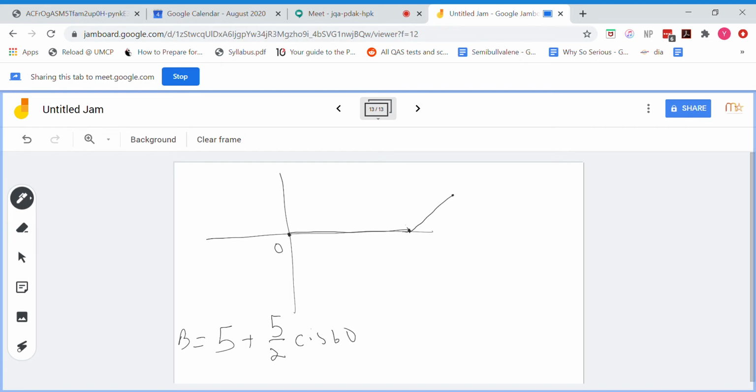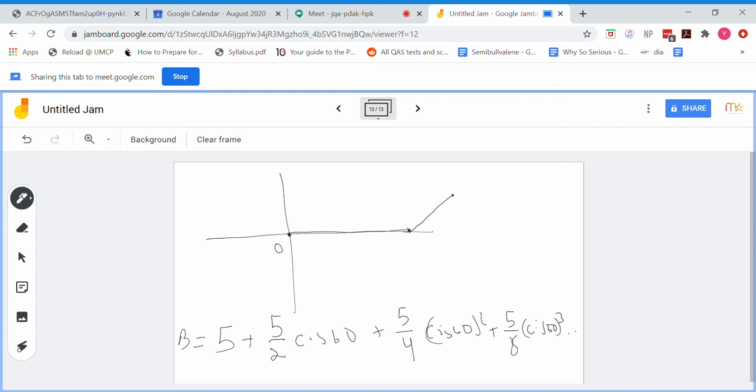And then the next number we add is 5/4 times cis 120. However, cis 120 is just cis 60 squared, since it corresponds to 2 rotations of 60 degrees. The next one is going to be 5/8 times cis 60 cubed.